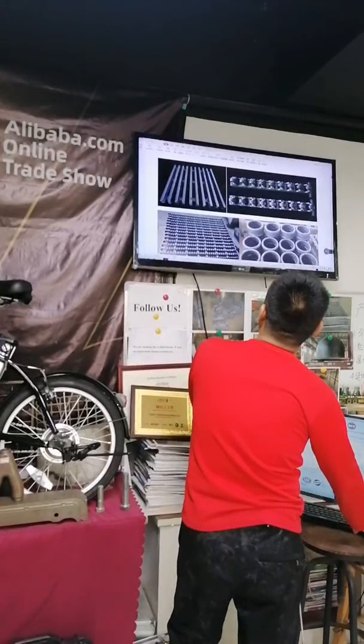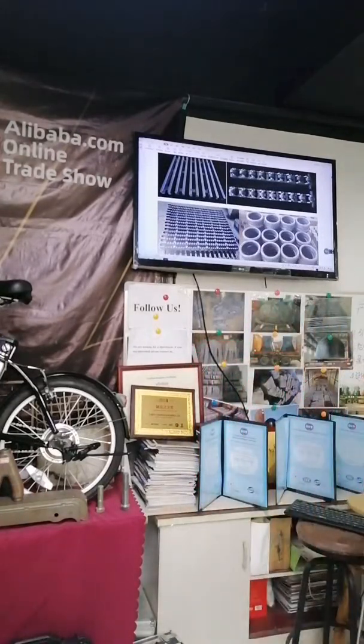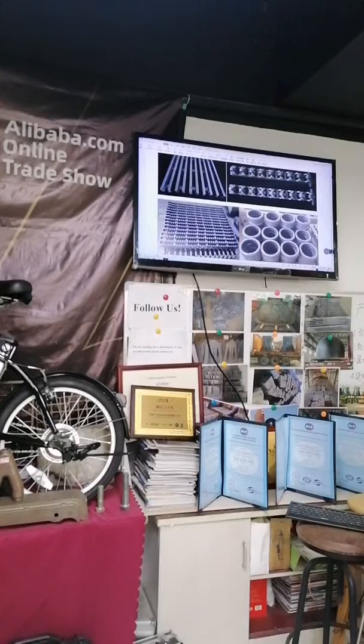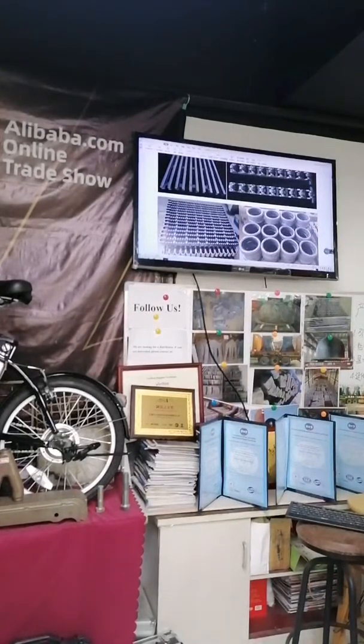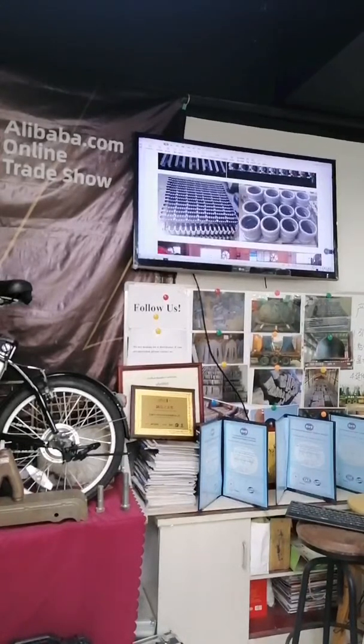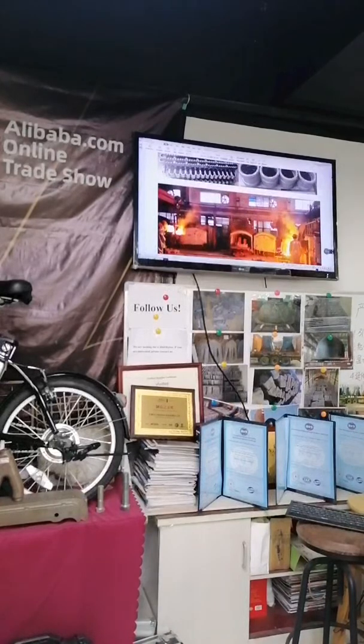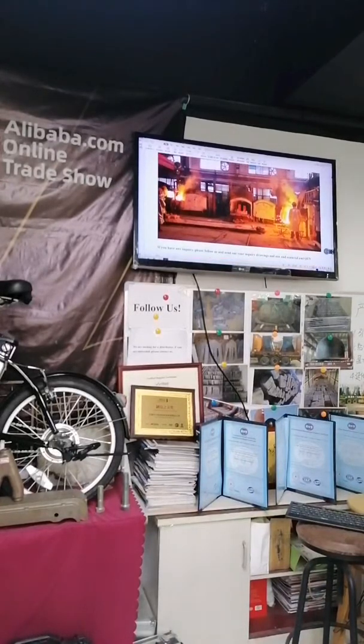And our another type, investment casting process parts like this. This part is very popular in the furnace industry. And our production like this.